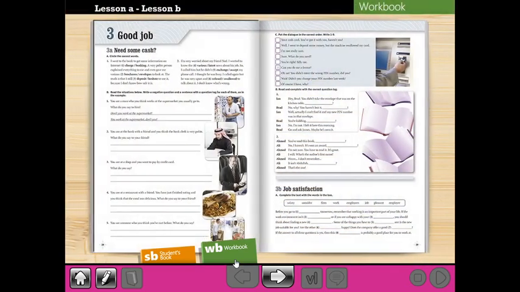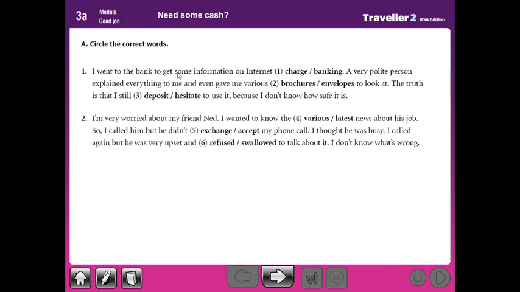Now we are going to do some exercises on the workbook. A. Circle the correct words. 1. I went to the bank to get some information on internet banking.